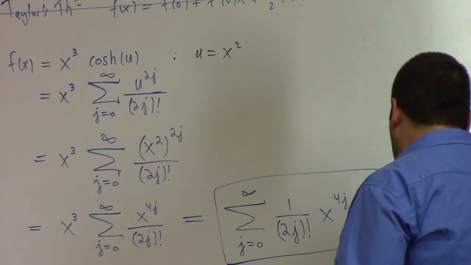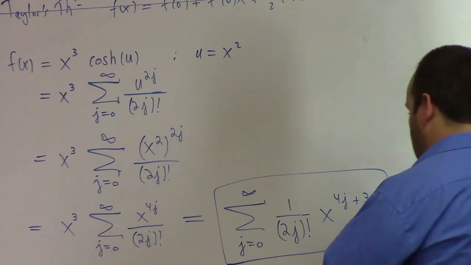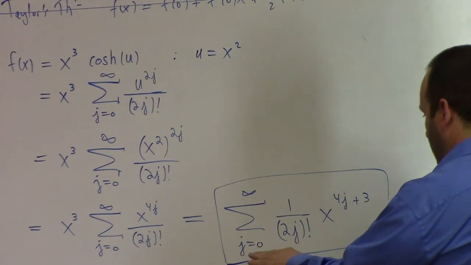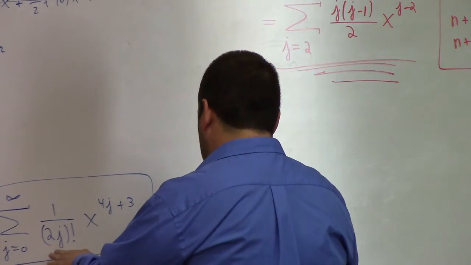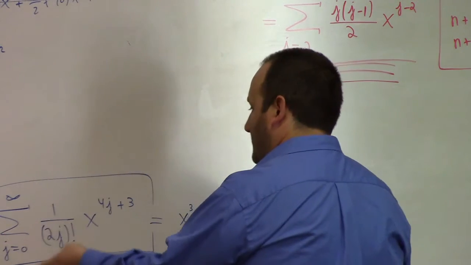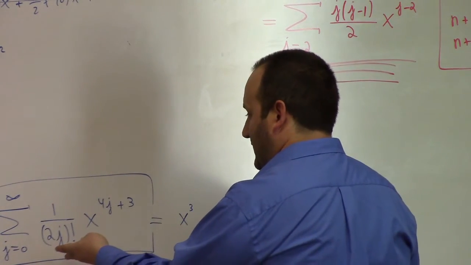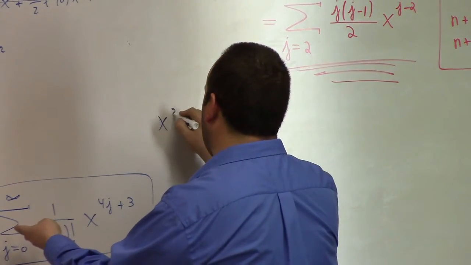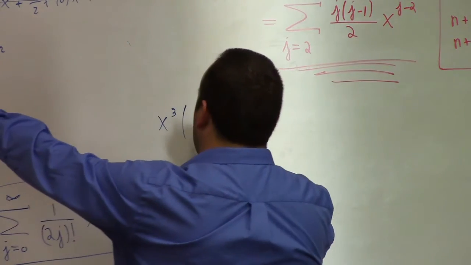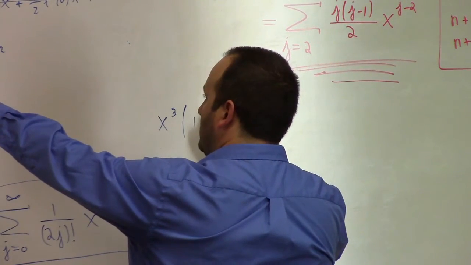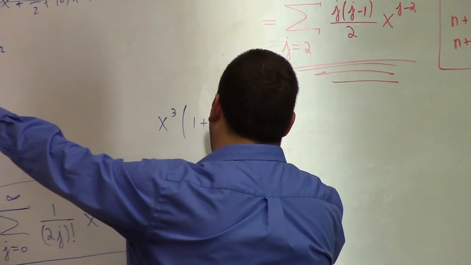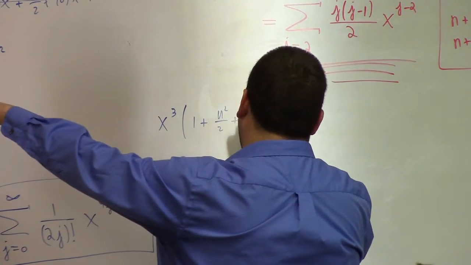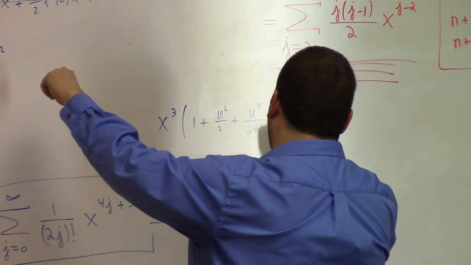If you want the first 3 terms, what is it? J equals 0, x cubed, right? What's the next one? Honestly, I don't like to think about this as a way to get the first 3 terms. I like to think of it this way. What are the first 3 terms in cosh? 1 plus u squared over 2, plus u to the 4th over 24. 24 is 4 factorial.